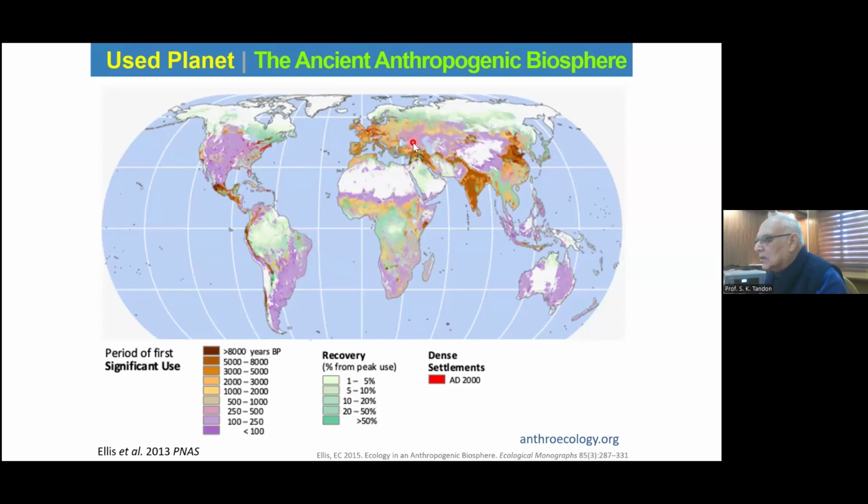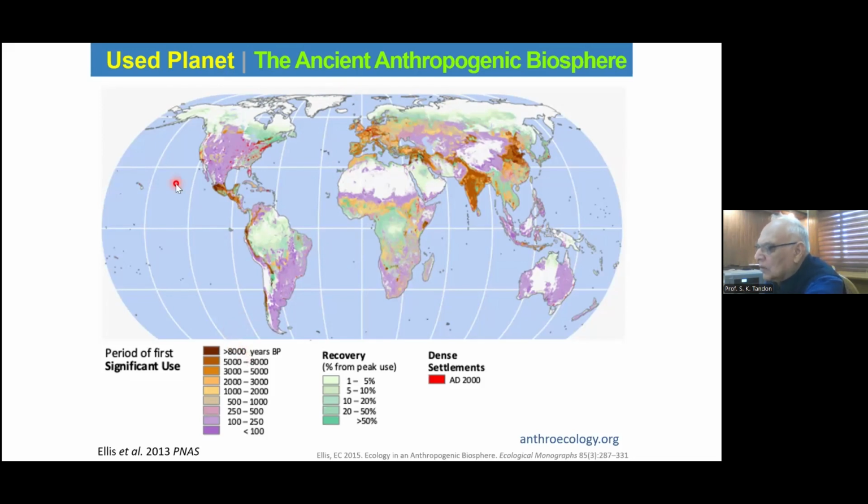There are some interesting papers, and you can see over here a map of what is called the used planet. This essentially deals with the ancient anthropogenic biosphere. We looked at the metabolism of the energy exchange that takes place between the biosphere and the environment. You can see that the period of first significant use is roughly about 8,000 years.